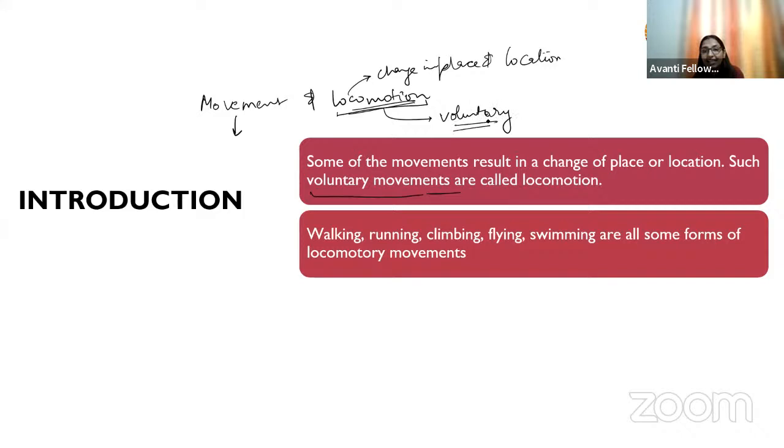Voluntary means that they are under our control, and can be controlled through the nervous system, like walking, running, climbing, flying, swimming. All these are locomotory movements because a displacement is taking place in these movements. There's a change in place or a change in location. If there is a change in location and place, we call it locomotion. Okay, and these movements are voluntary.